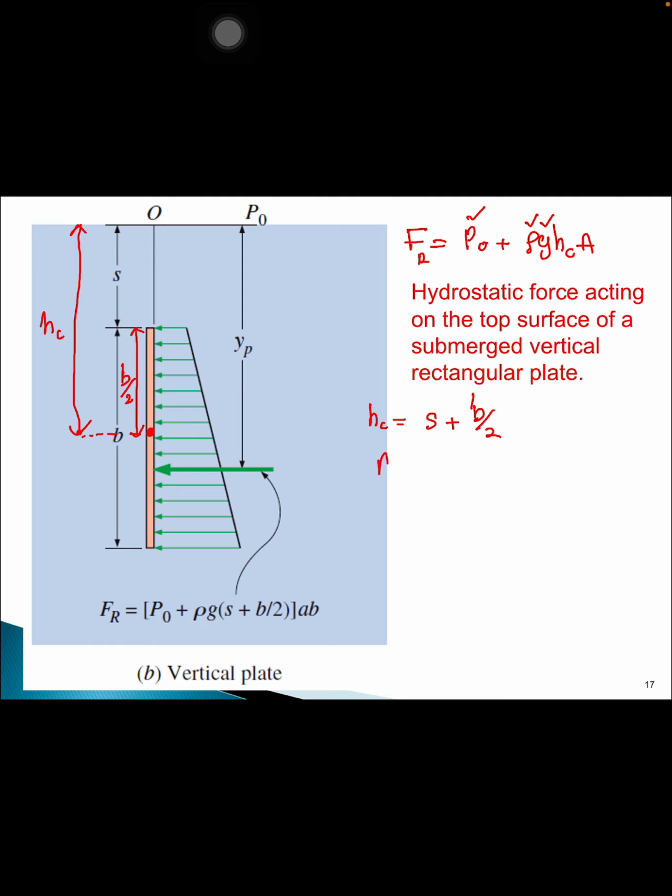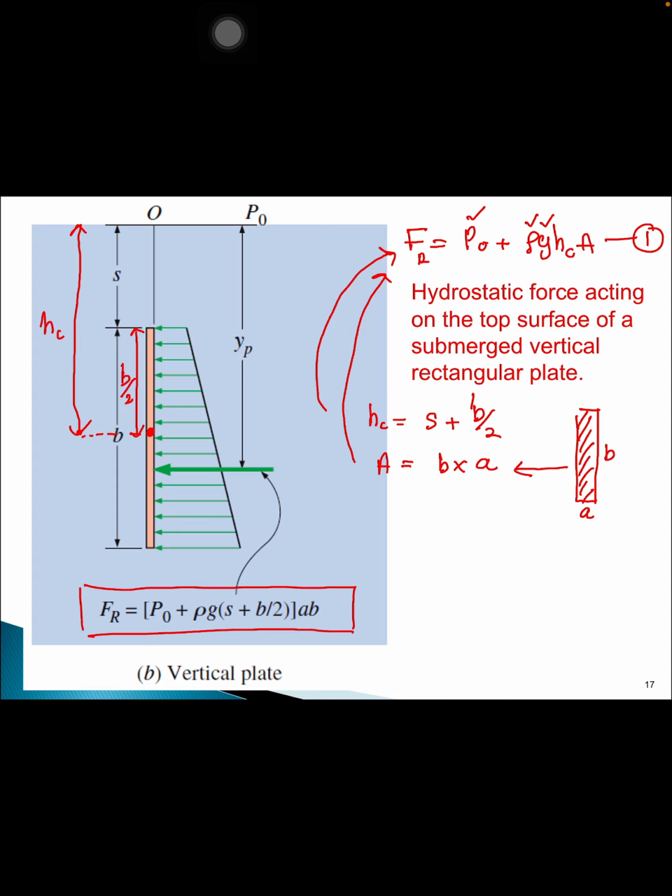Okay, area. The area is also a rectangle, so just B multiplied by A. This is your shape, this is your B, this is your A. So area is wide multiplied by long. Then you substitute into equation number 1 and you will get this equation.